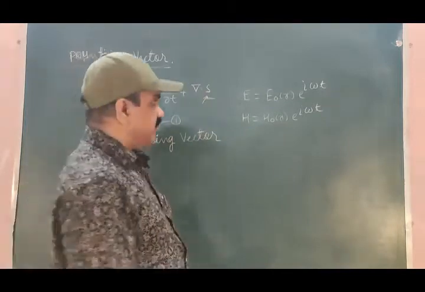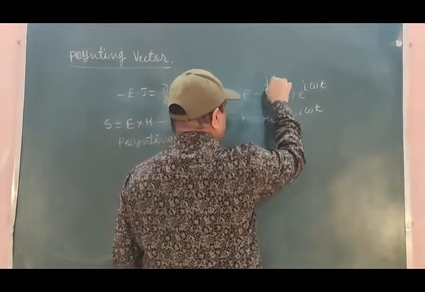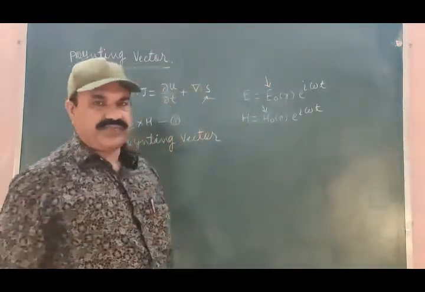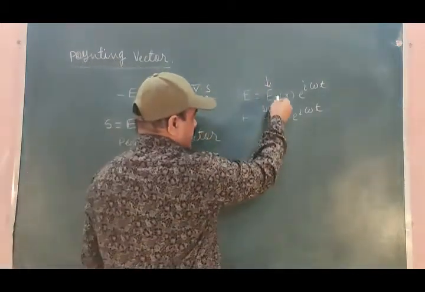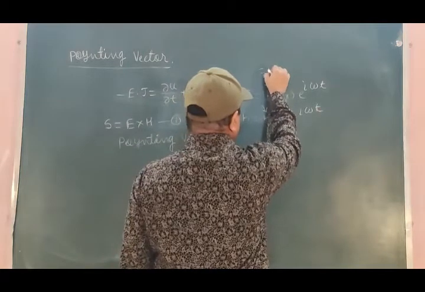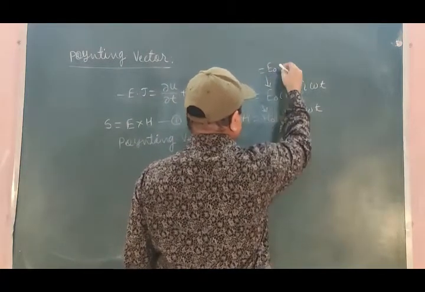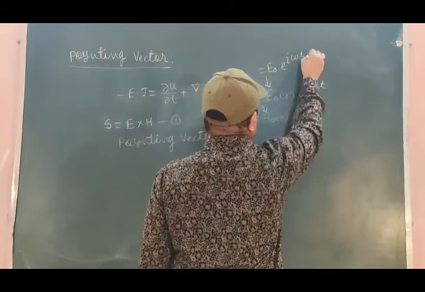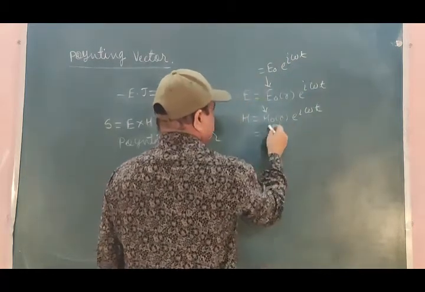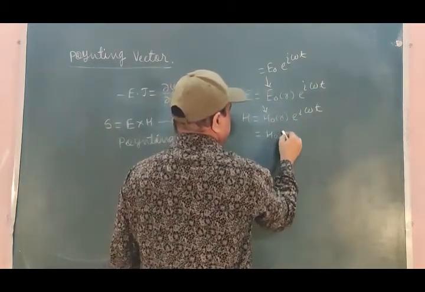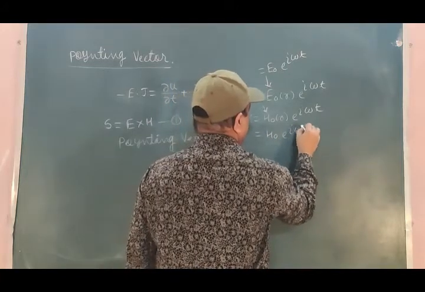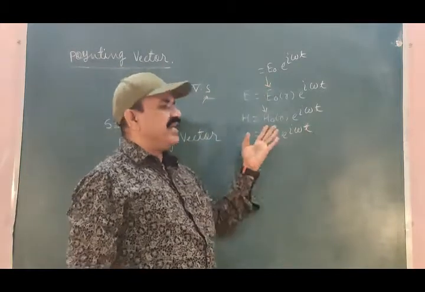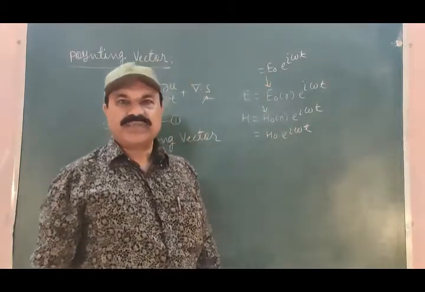This is the complex part of E. This is the complex part of H. This E0 of r can simply be written as E0 e to the power i omega t, and this H0 can simply be written as H0 e to the power i omega t, where this E0 and H0 are complex parts.